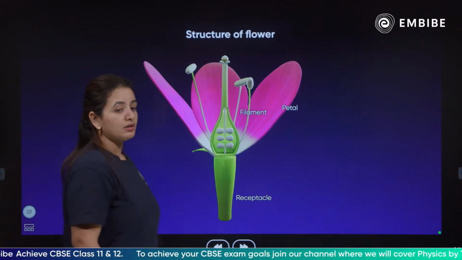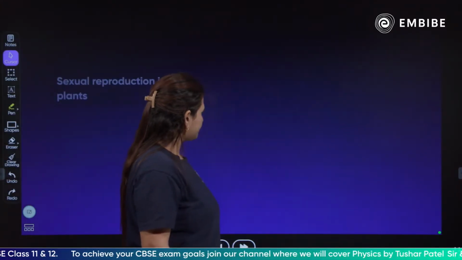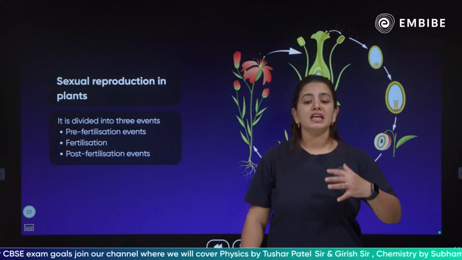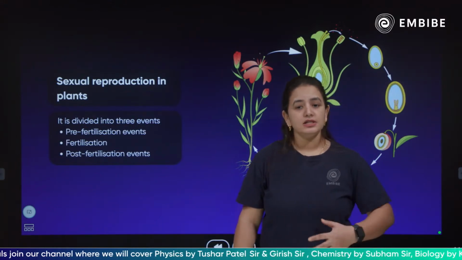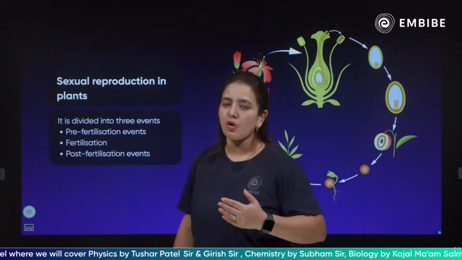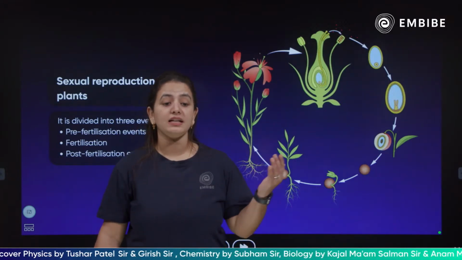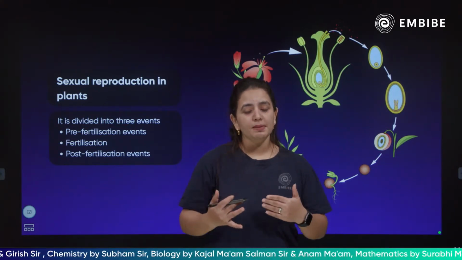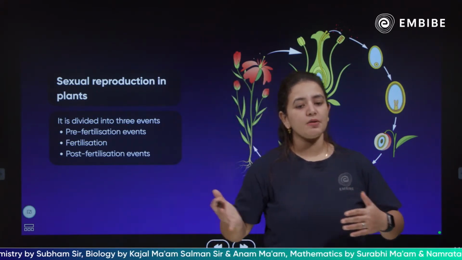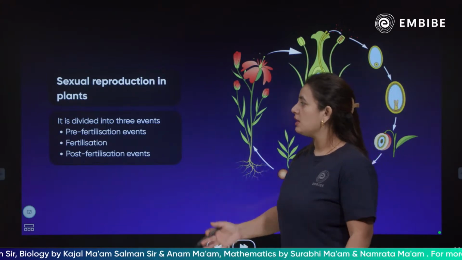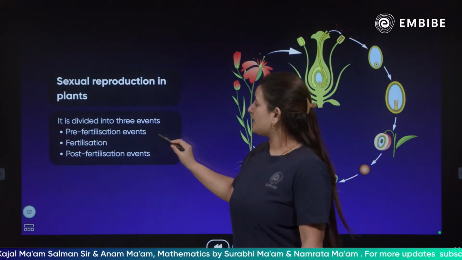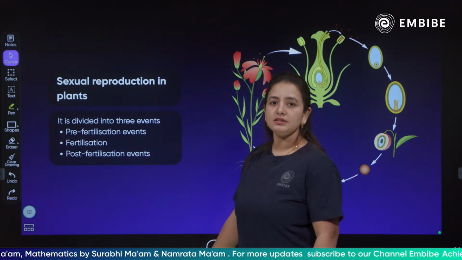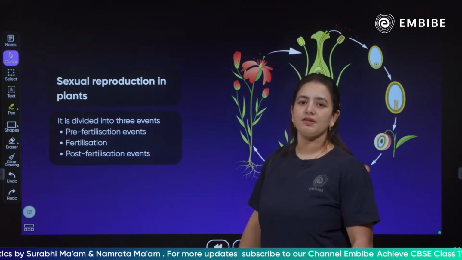Moving forward, talking about the flower more, we have sexual reproduction in flowering plants. Children, there are events taking place. It's not an easy process. Sexual reproduction has always been difficult compared to asexual and vegetative reproduction. So there are certain events which take place one by one. These events are divided into three. First is the pre-fertilization events, then the fertilization events, and then the post-fertilization events.